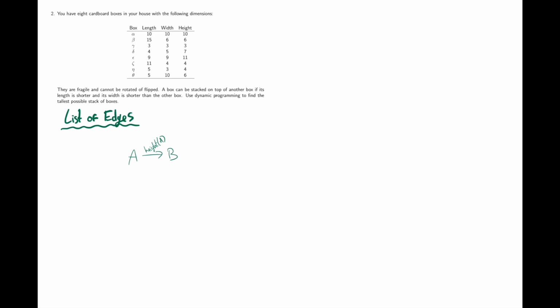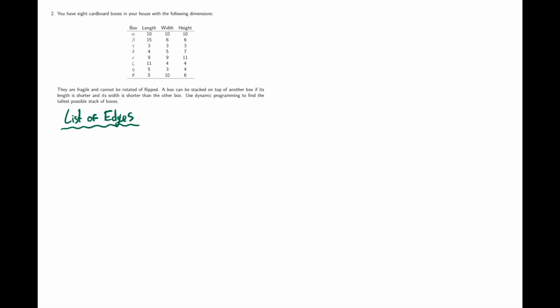It would also be useful to introduce an extra node star which represents the tabletop, and in that case the longest path from any box to the tabletop will represent the tallest stack of boxes that we can create.